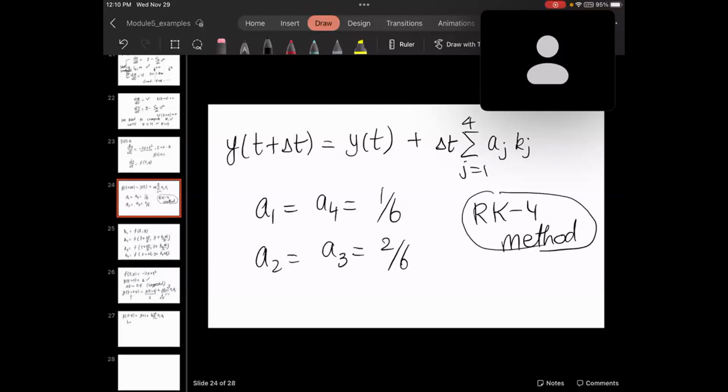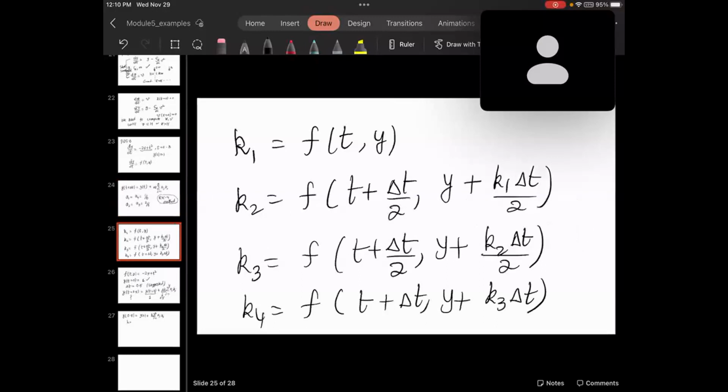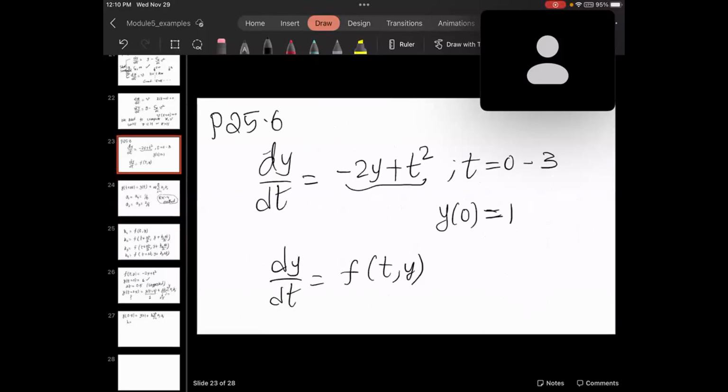These are the a values which we already saw. And k1, k2, k3, k4 are 4 executions of the function, at t comma y, t plus delta t, and then different values of y. And then the function itself, if you recall, is the right side of the equation.